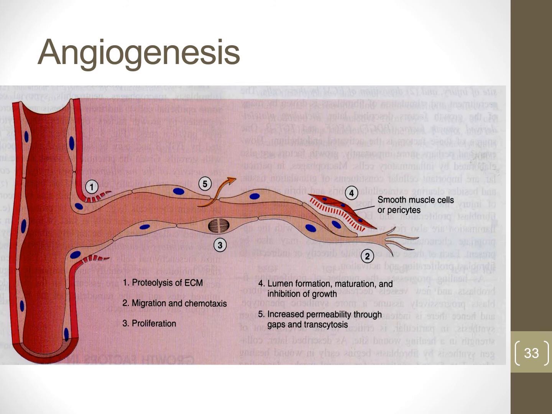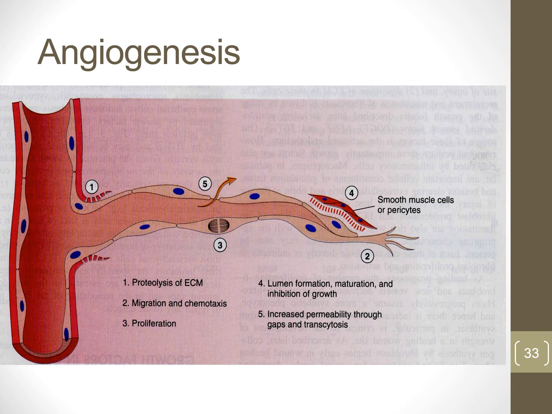Here is the process. So step number 1 is degeneration of the basement membrane, then migration of the endothelial cells and proliferation of them under the effect of growth factors. Then we will have maturation of those endothelial cells. Then we will have smooth muscle cells or pericytes that will continue the process of angiogenesis by stabilizing the blood vessel and forming the usual structure of the blood vessel, which is the other layers of the blood vessel.